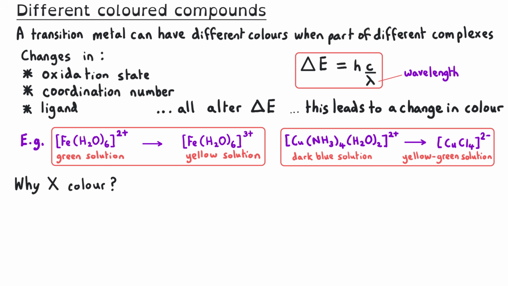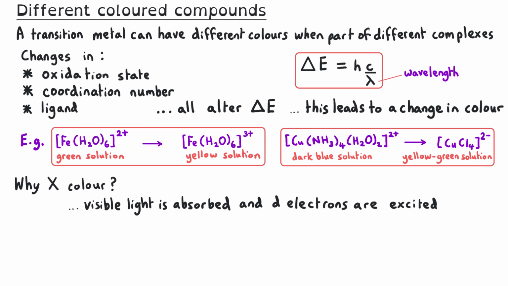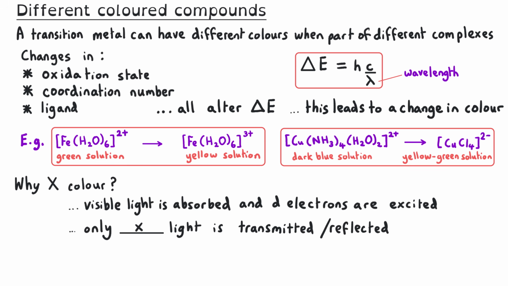A very common exam question would be one that asks you why a particular complex has a particular colour. And the standard response that I recommend you use would be to start by saying that visible light is absorbed when d electrons are excited, and that only a particular colour of light is transmitted or reflected.